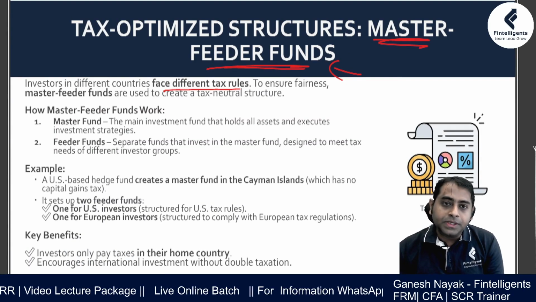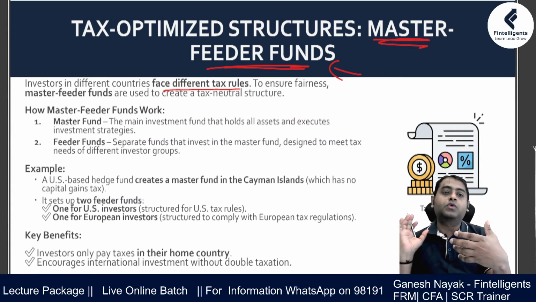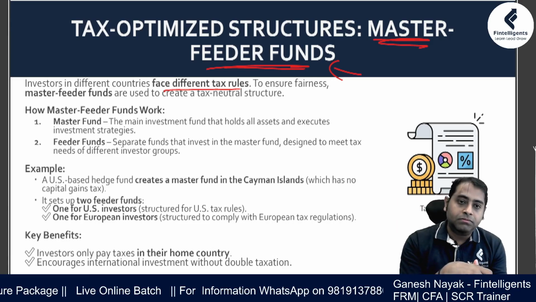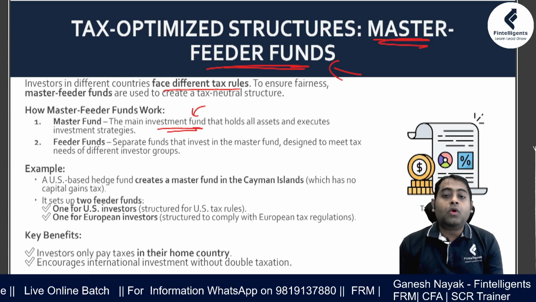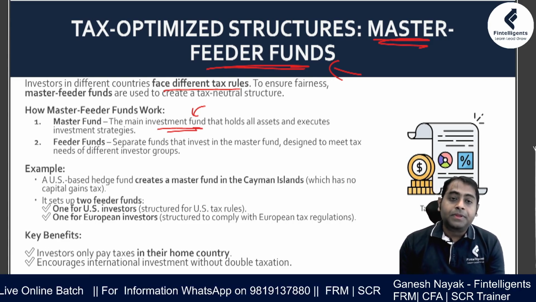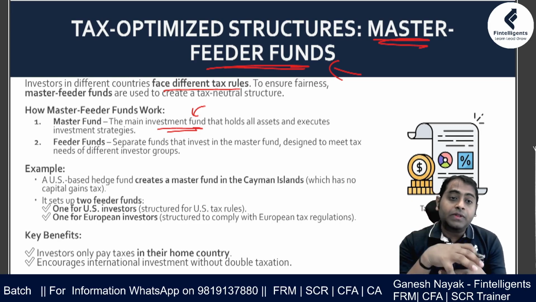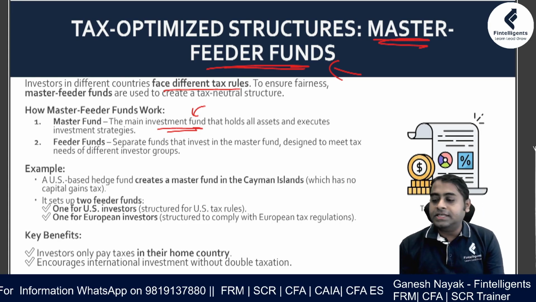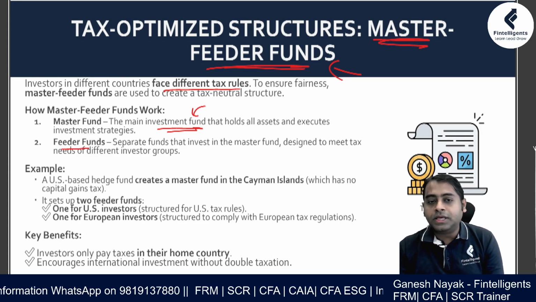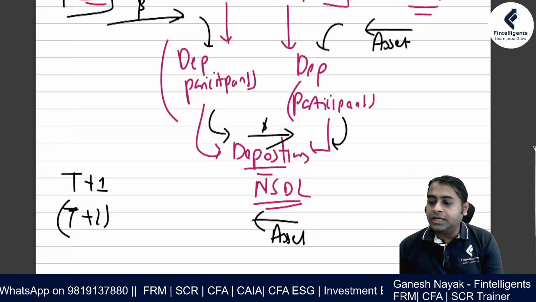So what we can do is have a master fund, and everybody is going to invest into the master fund, which holds the investments and all the assets. How is that investing happening? There is a feeder fund, a separate fund that invests into that master fund. So it is like this.